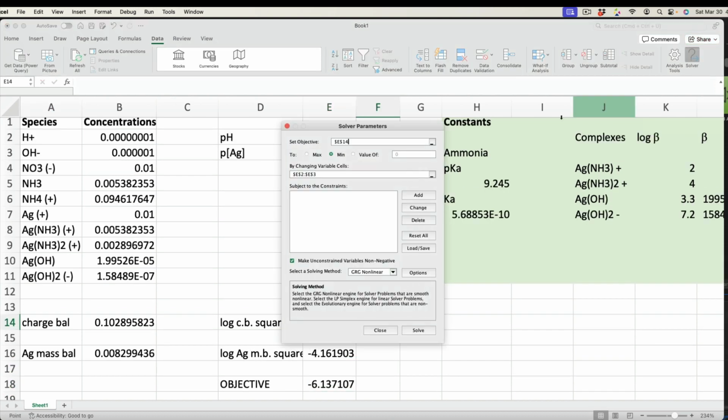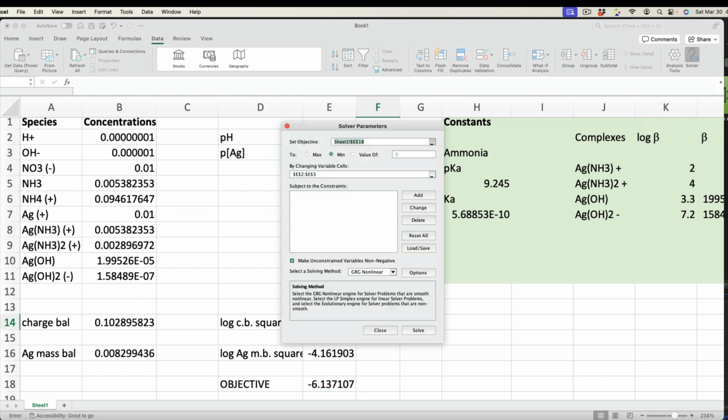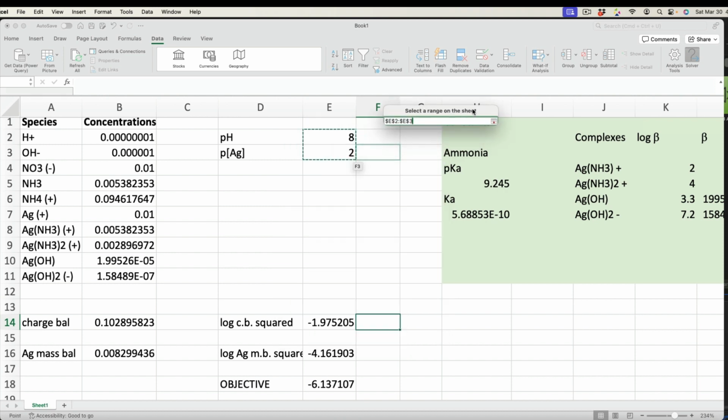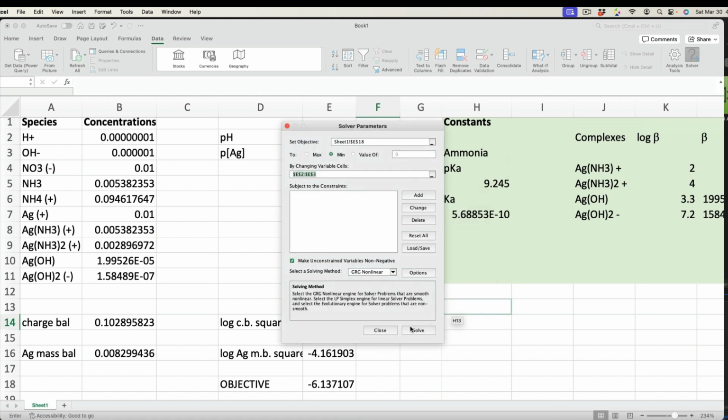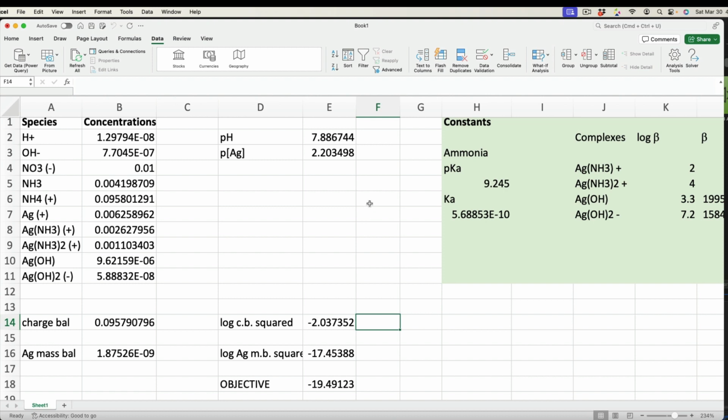So now that we've done that, let's go to Solver, set our objective cell to be that. Just double checking that I'm doing the minimum, and we're changing these two cells. Now we're going to hit solve. And let's look at our results.